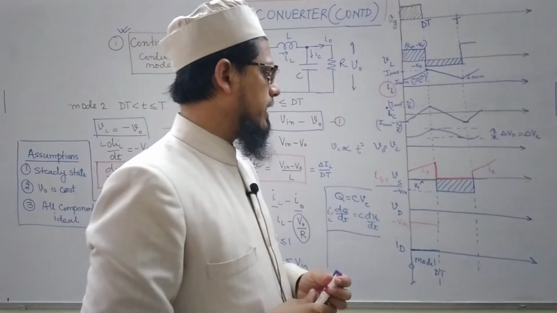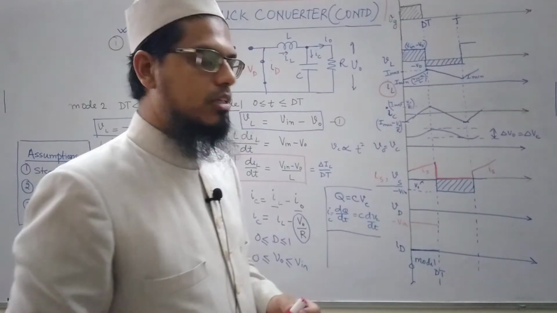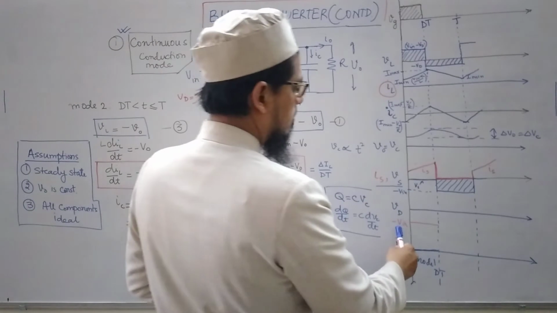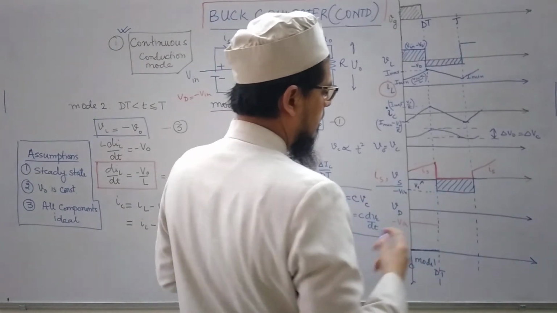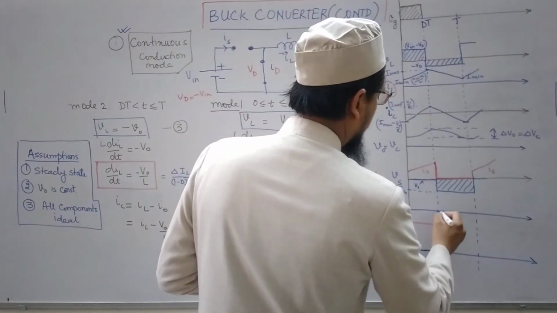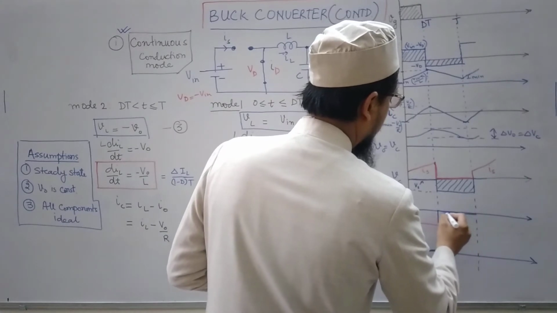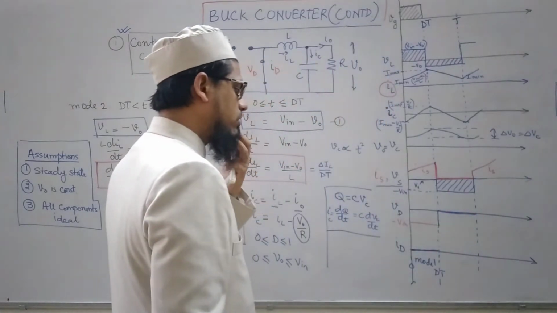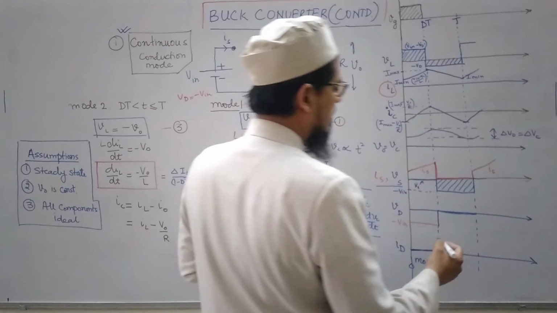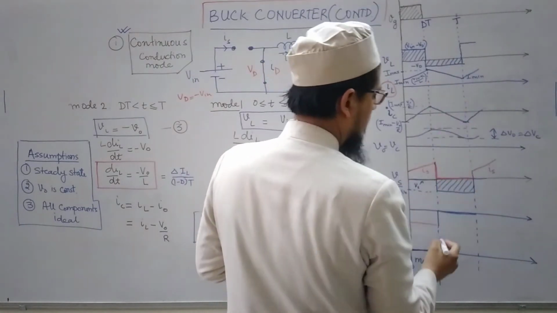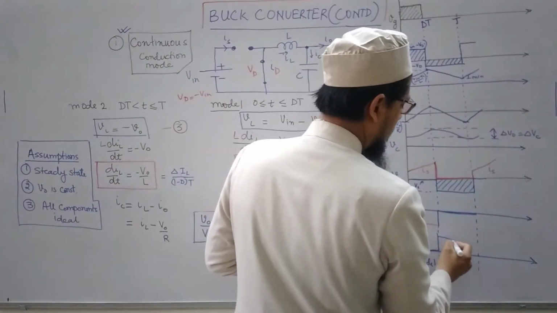Now come to VD, the voltage across the diode. Earlier in the mode it was minus Vin, now it becomes equal to 0 because the diode is now conducting. And the current through the diode is the same as the inductor current. So the inductor current is this, so it would be like this.